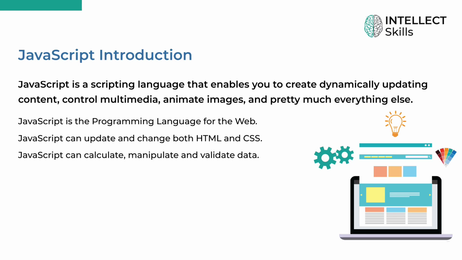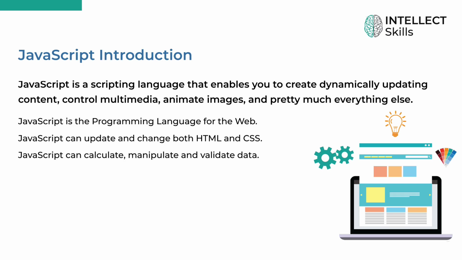Lastly, but not the least, now let's discuss JavaScript. JavaScript is a scripting language that enables you to create dynamic updating content, control multimedia, animate images, and pretty much does everything. So JavaScript is a programming language for the web. JavaScript can update and change HTML and CSS.